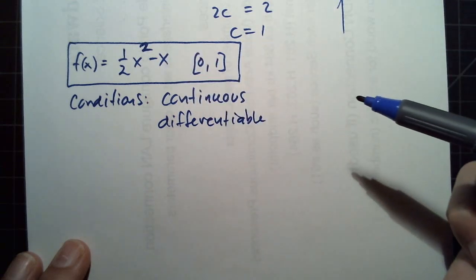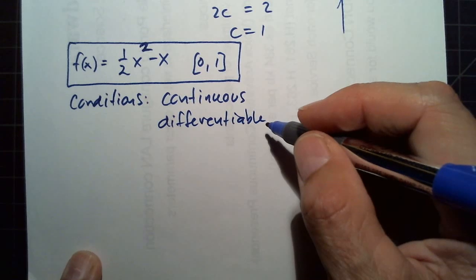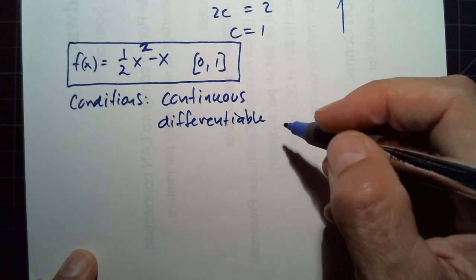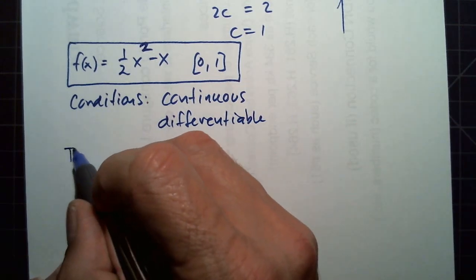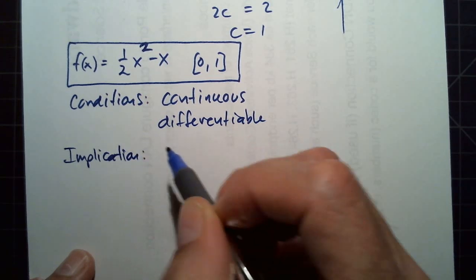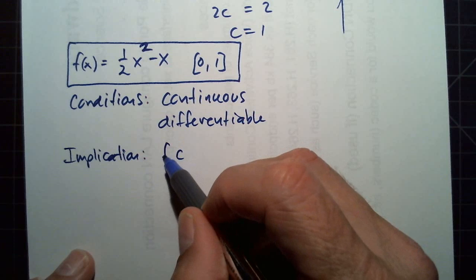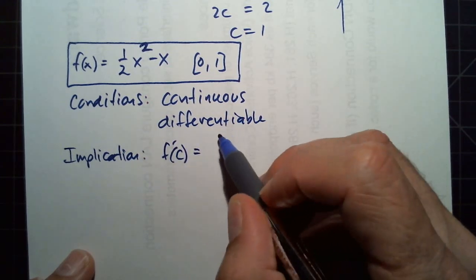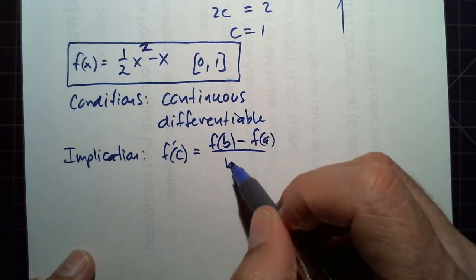The polynomial is differentiable. All polynomials are continuous and differentiable. Therefore, the mean value theorem applies, and we're going to find the x value guaranteed by the mean value theorem. The implication is that there is a c such that f prime of c is the same as the slope of the secant line.